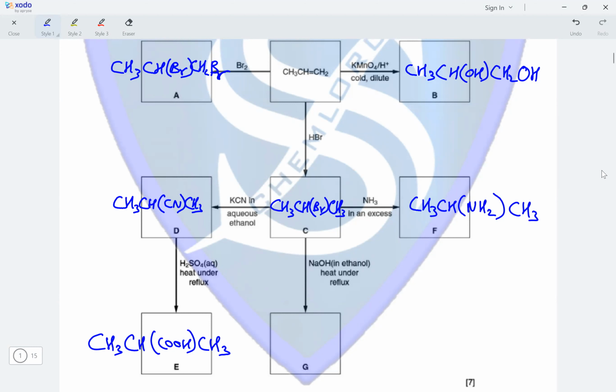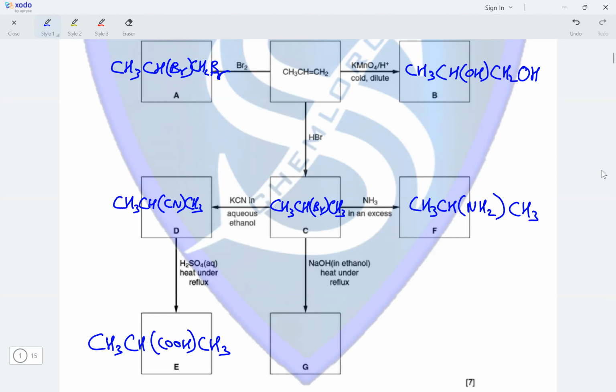And finally, 2-bromopropane reacts with NaOH in ethanol and heated under reflux. So if it was reacted with only NaOH, this would have been converted into an alcohol. But since we have ethanol also present, so this will be called dehydrohalogenation. The bromine atom from the central carbon and one of the hydrogen atoms from either of the two terminal CH3 groups would be removed, resulting in the formation of an alkene.